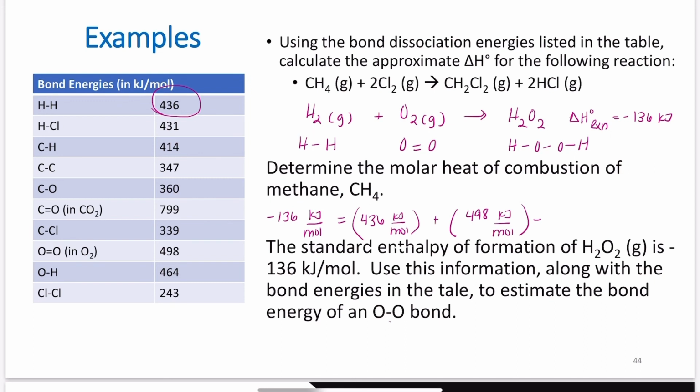And here, I have 2 oxygen-hydrogen bonds, so minus 2 times 464 kilojoules per mole. Minus the value for that OO bond. Basically, this is what I'm solving for algebraically. And I find that OO bond has a bond energy of 142 kilojoules per mole.